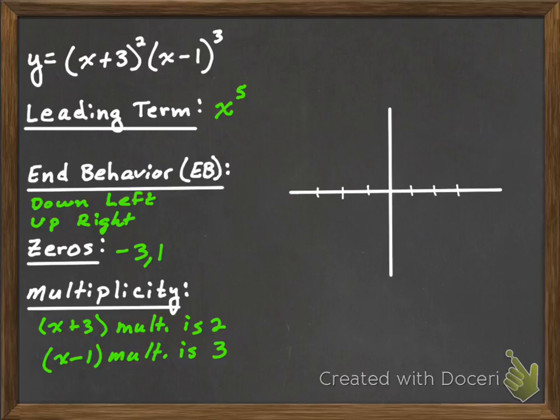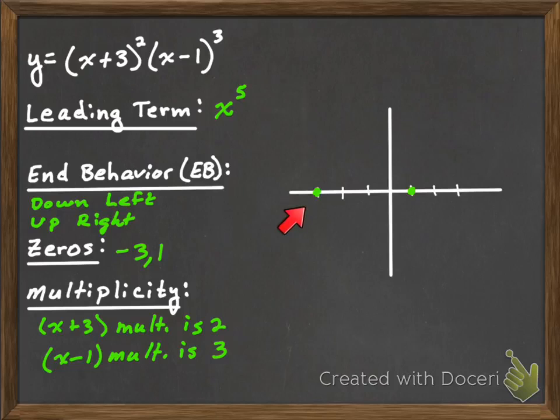All right, so how do we put this information onto a graph? We always start with your zeros. So we have zeros at negative 3 and positive 1. So put our points right there on the graph. Then you do your end behavior. Now, to the left of this point, our graph is going down.